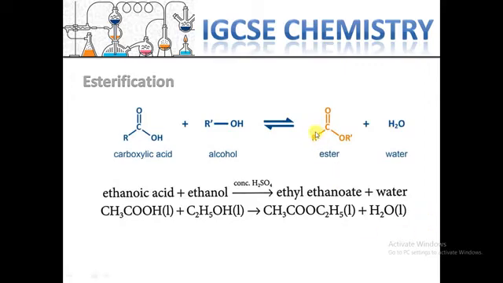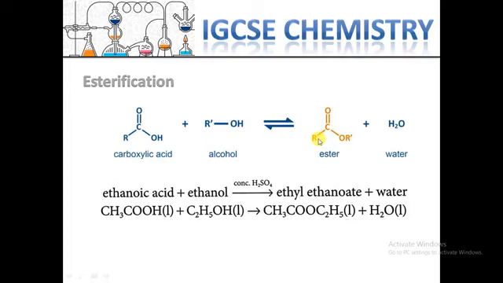Ester can be used in many different forms. Here, for example, R is representative of a carbon chain. The carbon chain can be one carbon, two, three, four, or any other carbon chain.